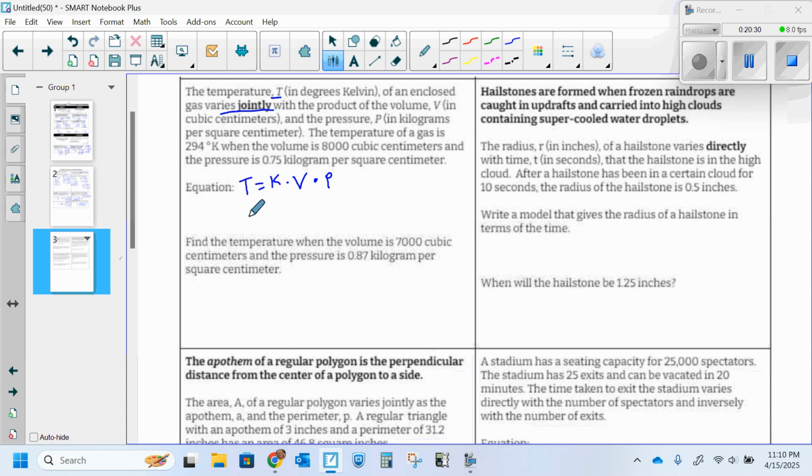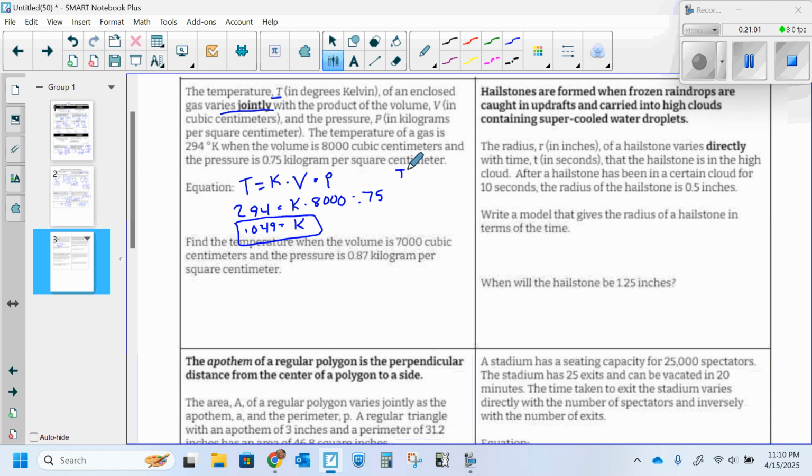The temperature of a gas is 294 degrees Kelvin when the volume is 8,000 cubic centimeters and the pressure is 0.75 kilogram. Get your calculators out. You're going to multiply these, and then that's a 0.75. Do 294 divided by that product, and you get 0.049.